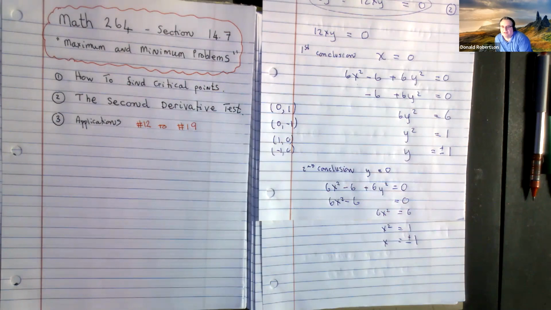What would that be? 12xy equals 0. The first conclusion is x is 0 and y can be whatever you like. The second conclusion was y is 0 and x can be anything you like. What's the last situation I haven't really worked on?